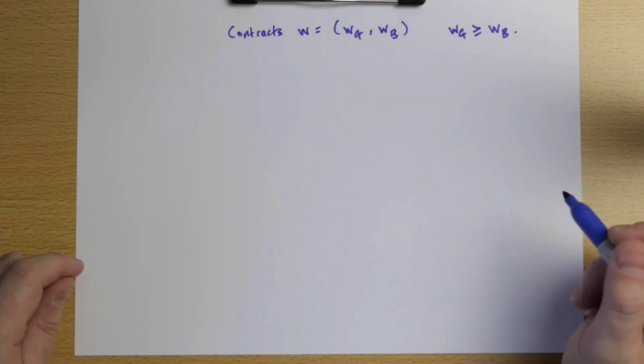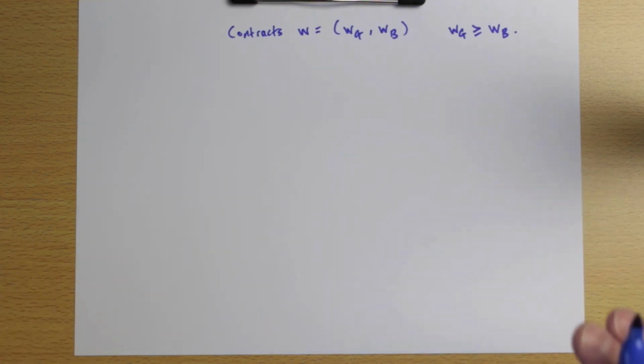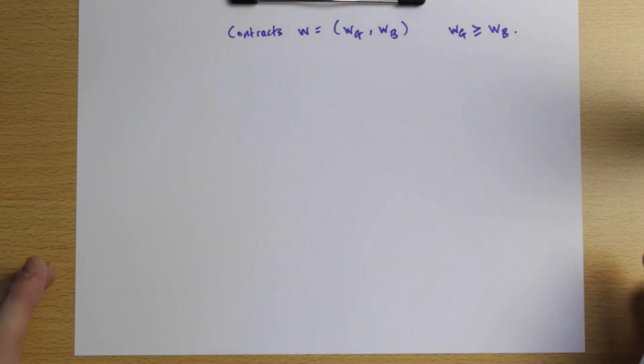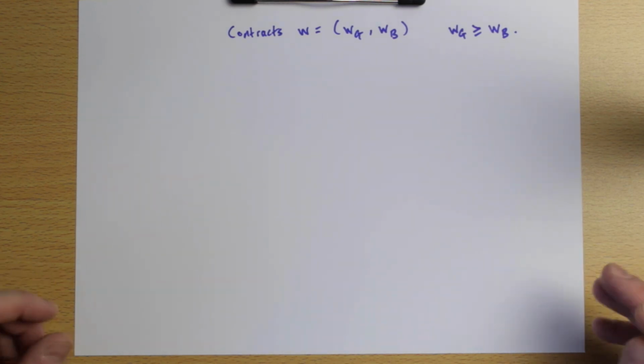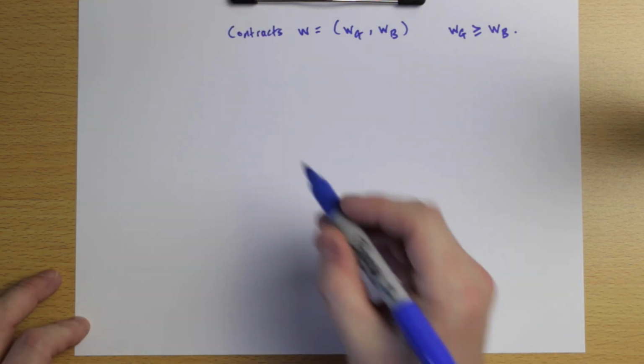So we're going to assume that decision makers, the employees in this case, are expected utility maximizers and they're risk averse, but they also take into account the level of effort. So let's write out the formula.